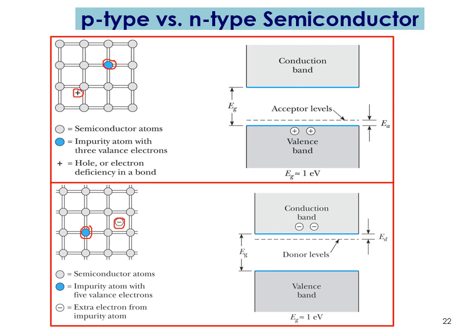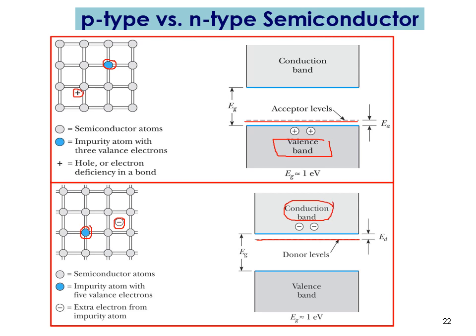Another difference is that for the P-type, it will create the acceptor level just above the valence band, while for N-type, it will create the donor level just below the conduction band.